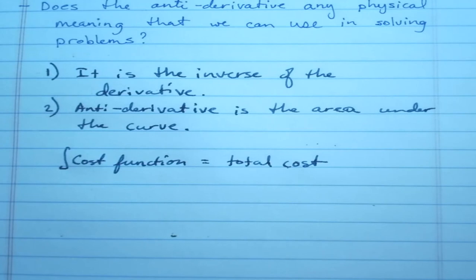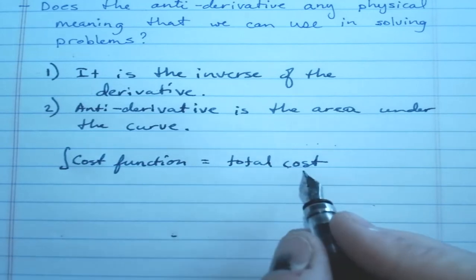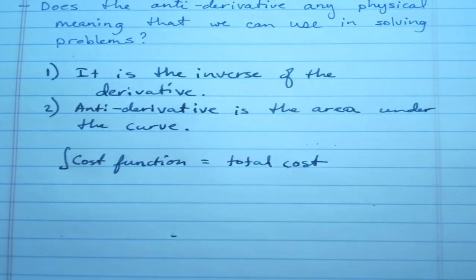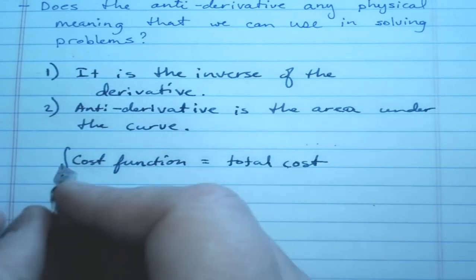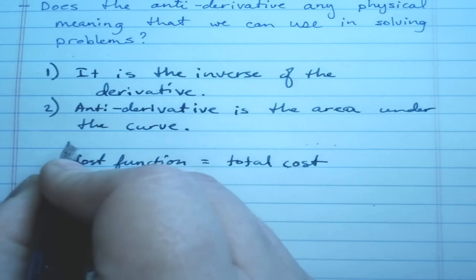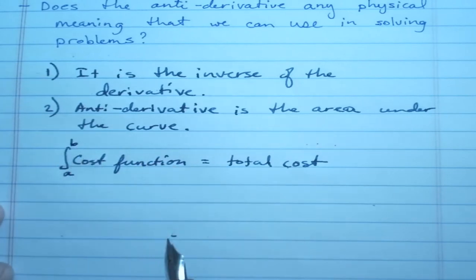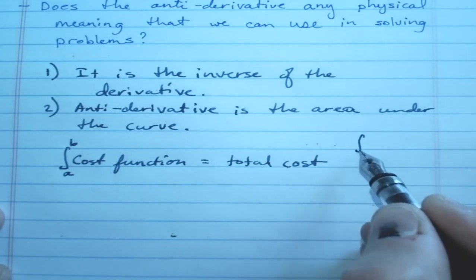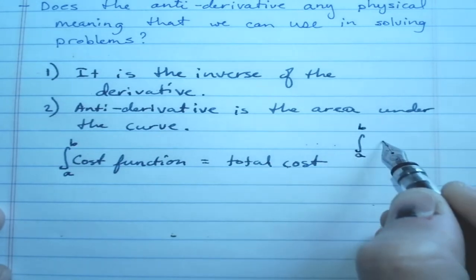But unfortunately, this kind of implies infinite bounds, and we don't really want to do that. We want to go from point A to point B, and so we'll show that like this, from point A to point B.